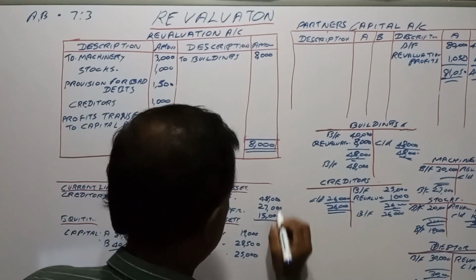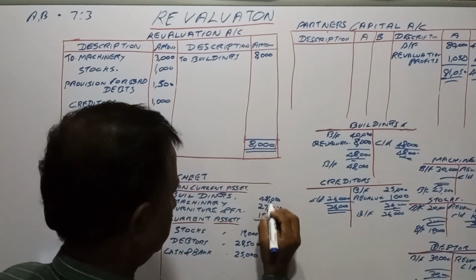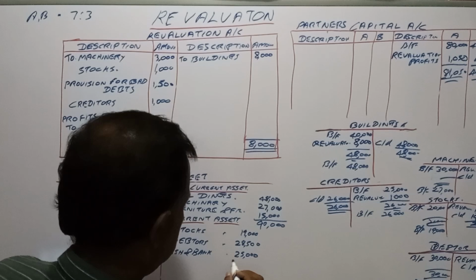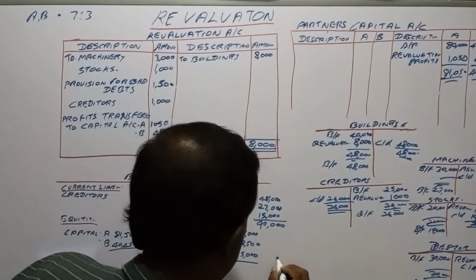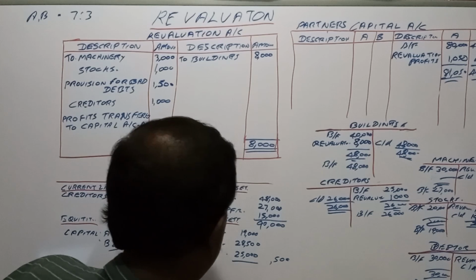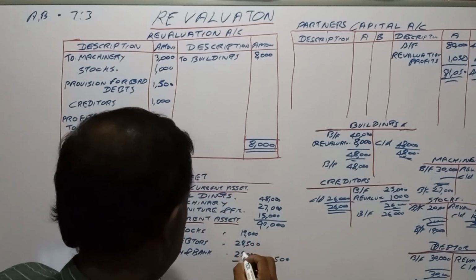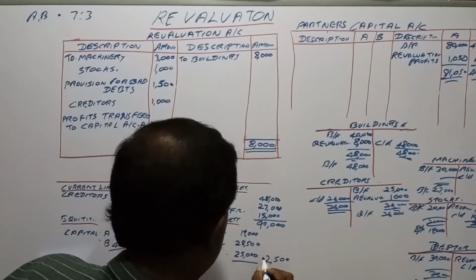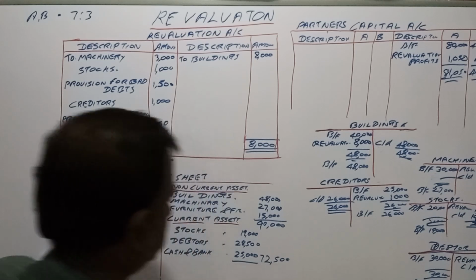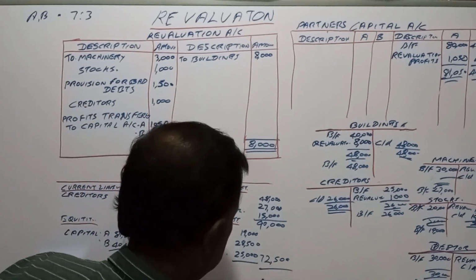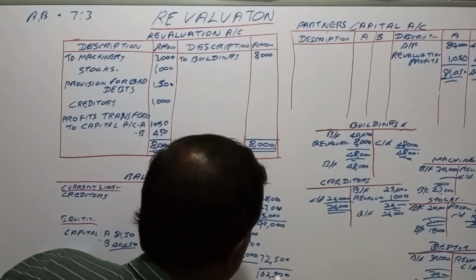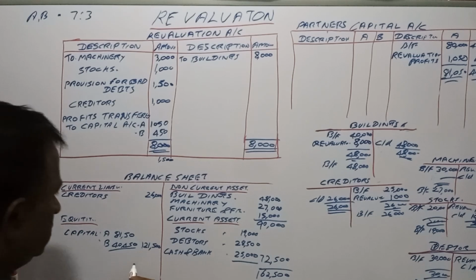How much is this? 15, 20, 6, 8, 90,000. This is how much? 500. And 72,500. 162,500. It will come around 162,500.